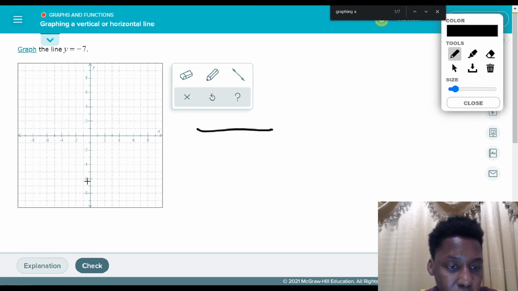And between -6 here and -8, there's a point here, but I don't know what that point is. So in order for me to find out that point, I want to take the values between those two numbers and add them. So I say -6 plus -8.